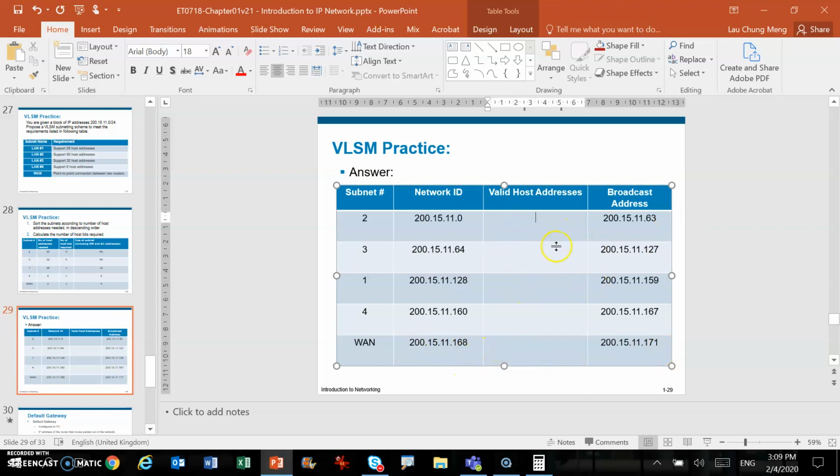Valid host IP addresses will be .1 all the way to .62. This will be .65 all the way to .126. This is .129 all the way to .158. This is .161 all the way to .166, and this is .169 to .170.